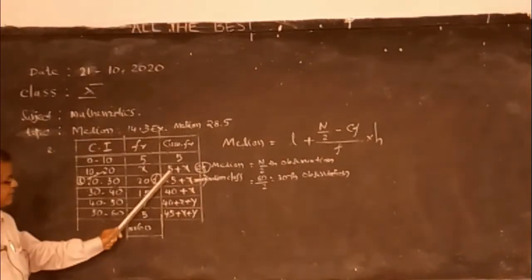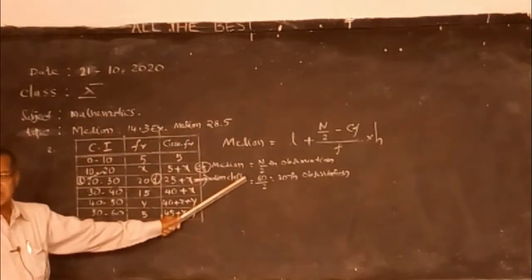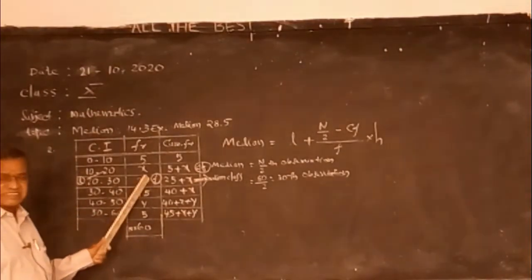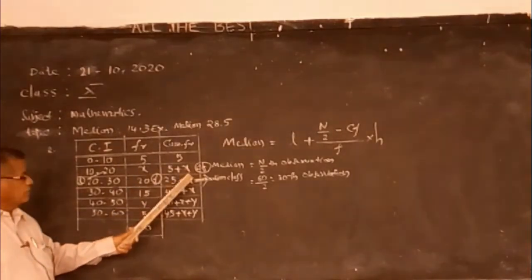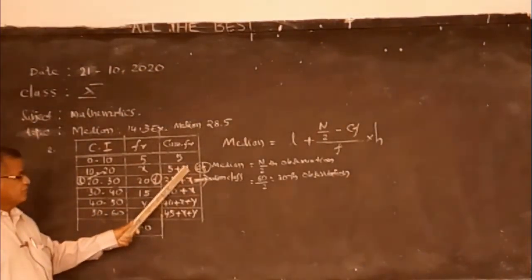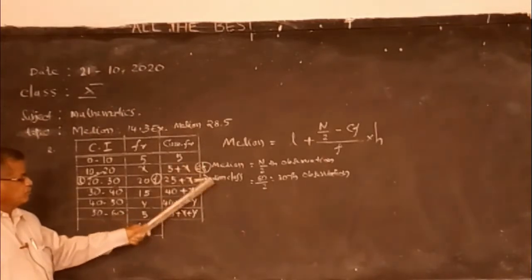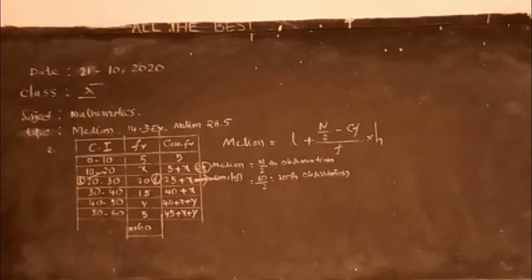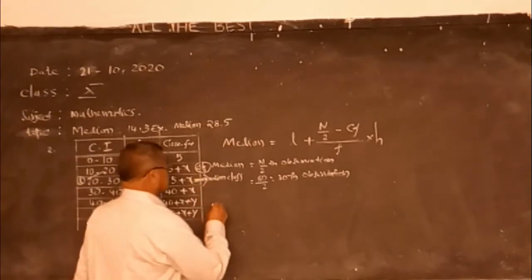After identifying the median class, we can easily write the lower boundary of the median class, the frequency of the median class, and the cumulative frequency preceding the median class above. These are the values. And H is the size of the class. Each class increases by 10, 10, 10, 10. That is H.